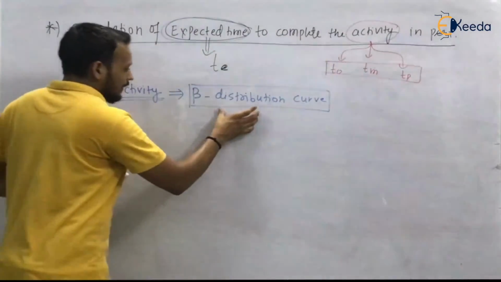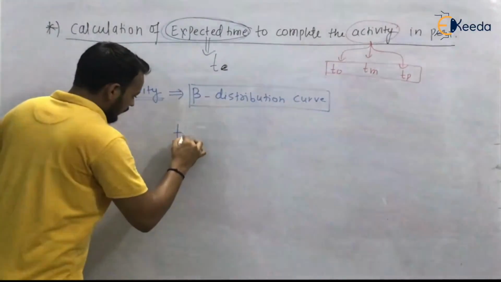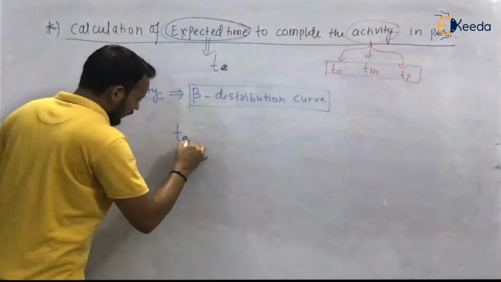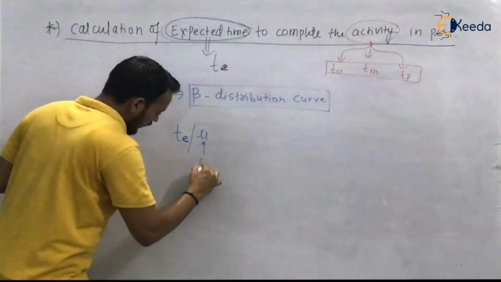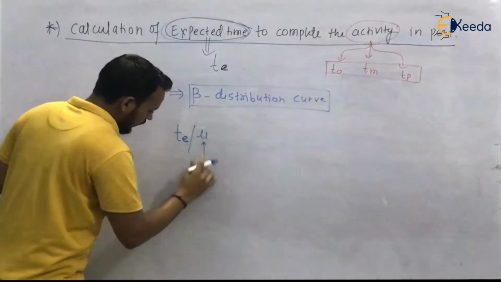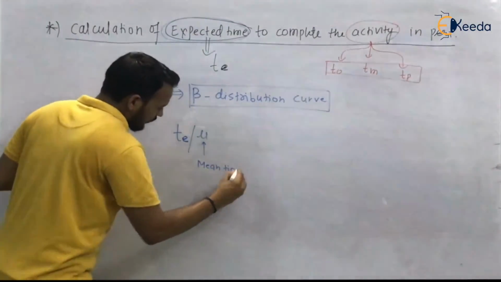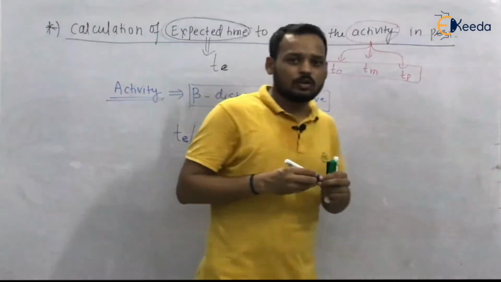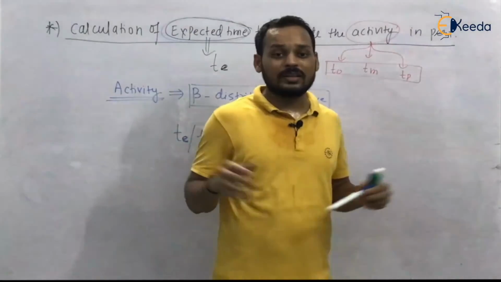So according to the beta distribution curve, the expected time TE, or mu, is also known as mean time, because if there are three times, you would simply think of taking the arithmetic average.